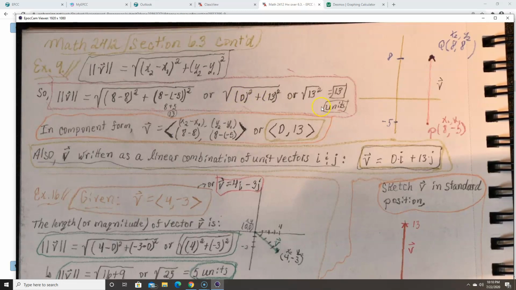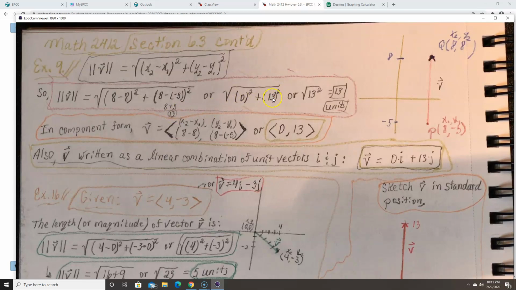Which is why you didn't really have to do this part, and you could just count. Plus, though, your y2 minus your y1, where y2 is this, which is 8, minus y1, this one here, -5. So 8 minus -5, quantity squared. Well, subtracting a negative turns into a positive, so 8 plus 5 is 13.